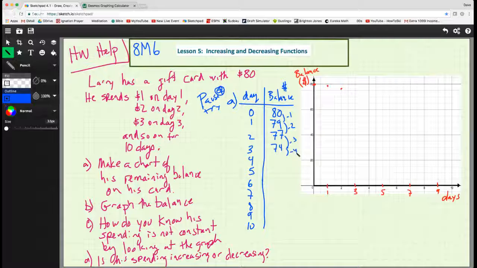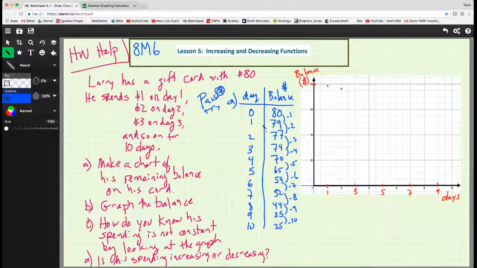Now he spends 4, so he's down to 70. 5, 65, minus 6, he's at 59. 7, he's down to 52. 8, he's down to 44. 9, he's down to 35, 10, he's at 25.